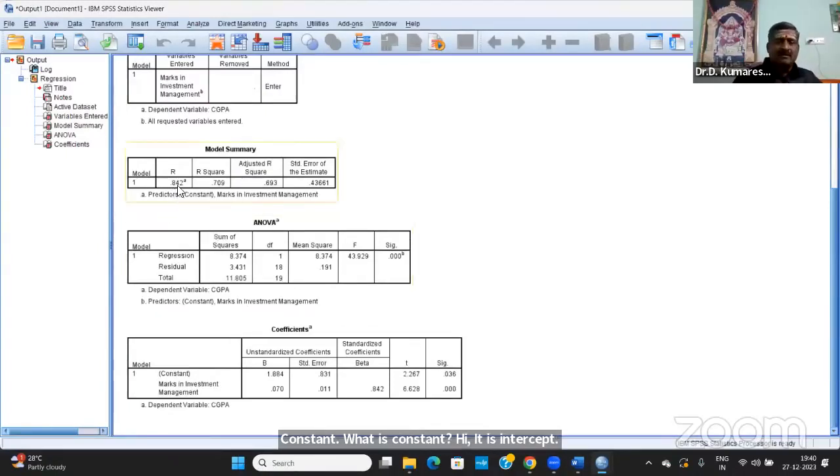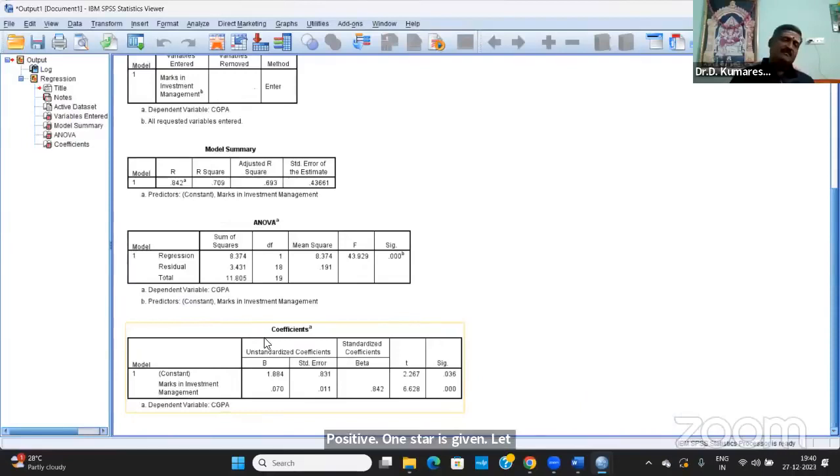Then look at here. The correlation is 0.842, that is 84.2%, a positive correlation. One star is given.